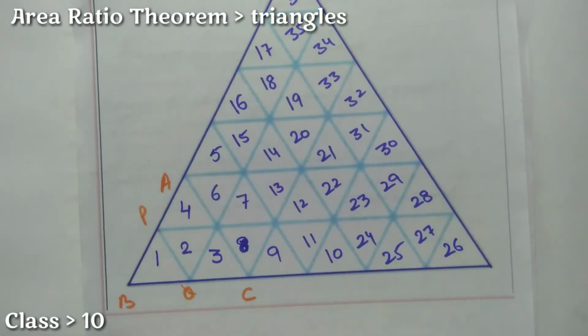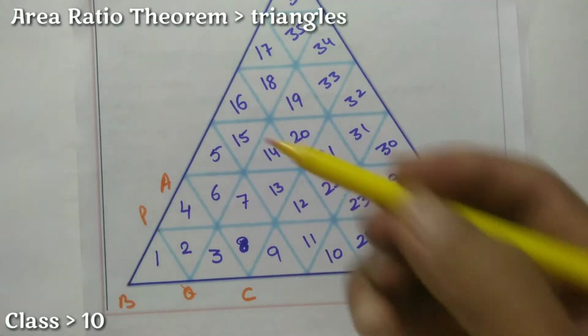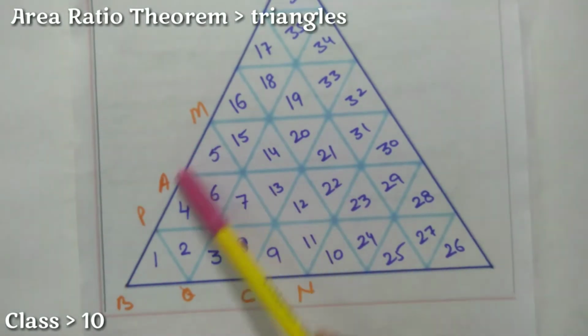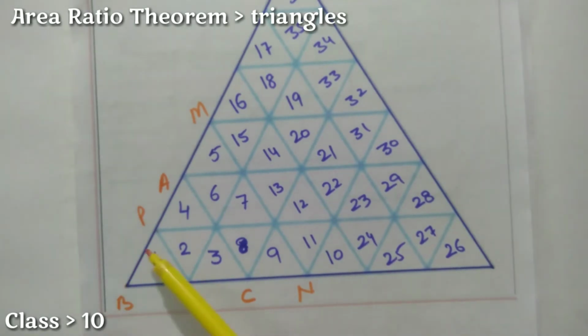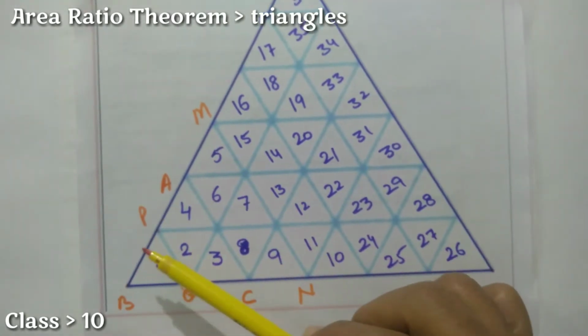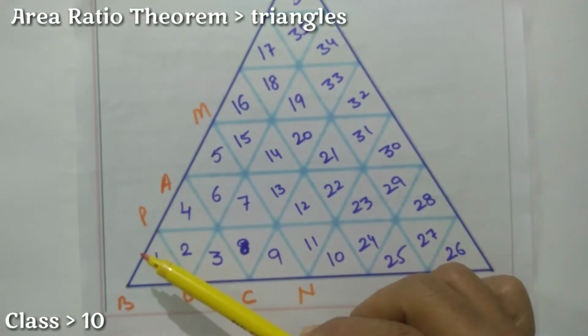In the same way, if I consider this triangle MBN, in triangle MBN we have a total of 9 triangles. So the area of MBN is 9 unit square, and that of PBQ is 1 unit square. And what is the ratio of their sides? It is 3:1.